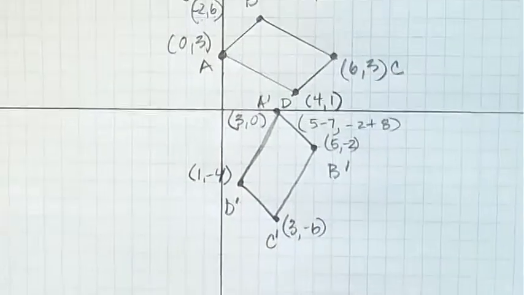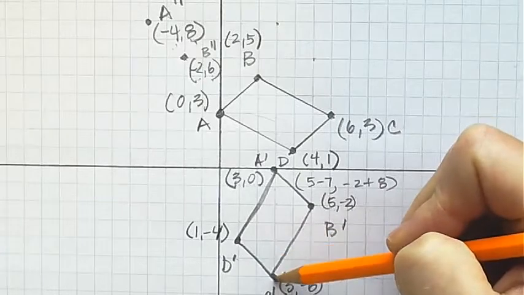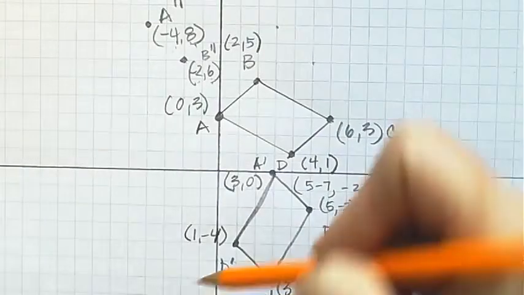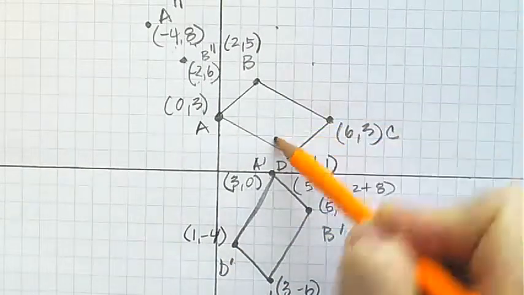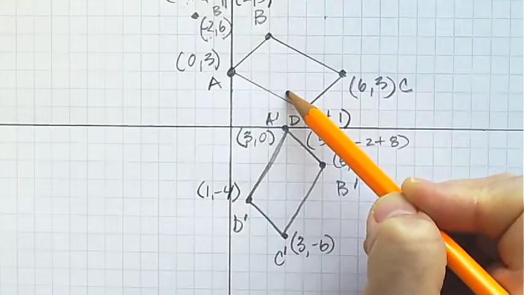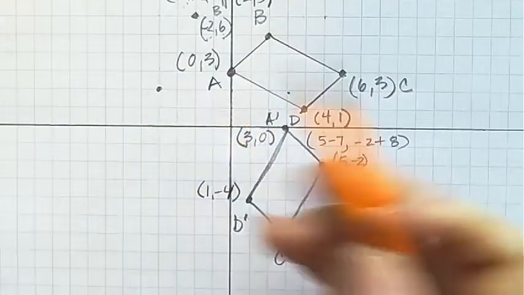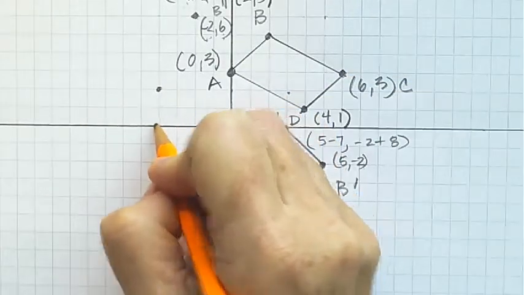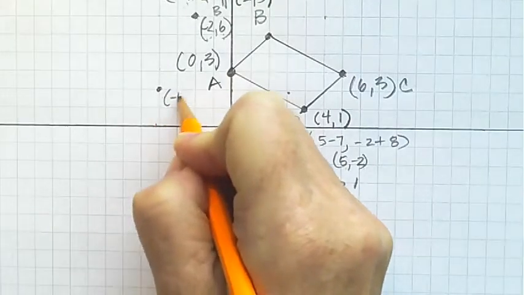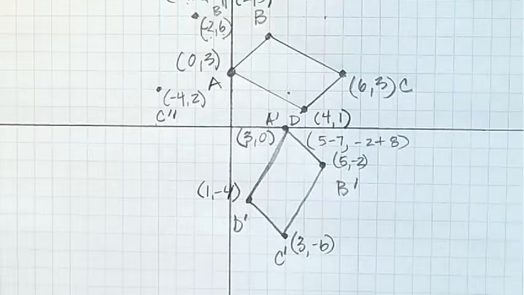Okay, C prime, I'm going to go up 8. So up 8 from -6 would be at positive 2. And then I'm going to go left 7. 7 left from positive 3 would be -4. So that's going to be at -4, positive 2. That's C double prime.